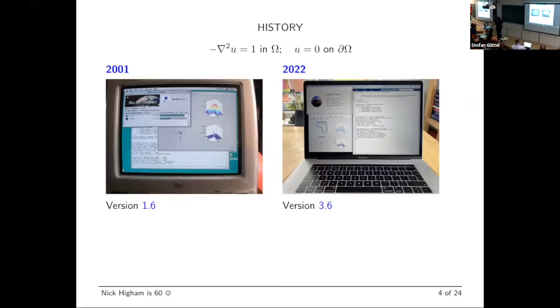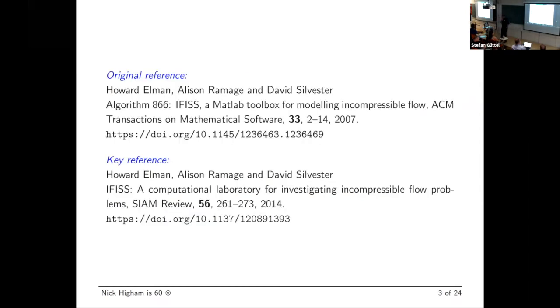I want to just say, before I go there, something about this picture here. So how did I learn about writing software? Well, I learned about writing software indirectly through Nick. And how did this come about? It came about because, as we've heard already, I think it was 1992, Nick had a sabbatical in Cornell. And me and Nick, we got on pretty well, I would say, at that time.